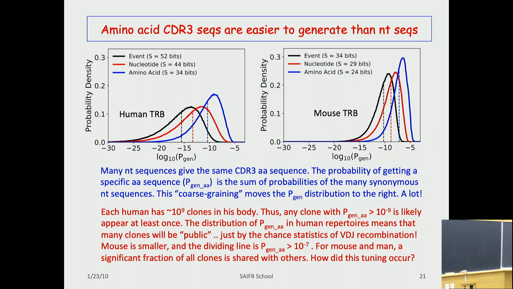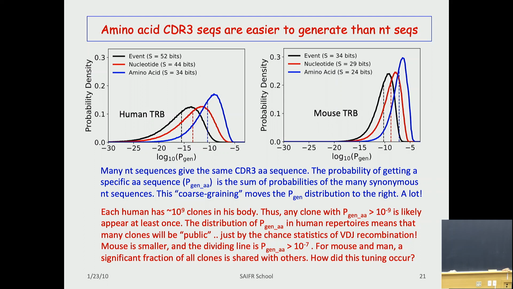Now we have to talk about it in more detail, but the probabilistic issue becomes more complicated. But there is a line you can draw on this curve, let's put it at roughly 10 to the minus 9, where anybody to the right of that has a high enough probability of generation that everybody in the human race is likely to have it.